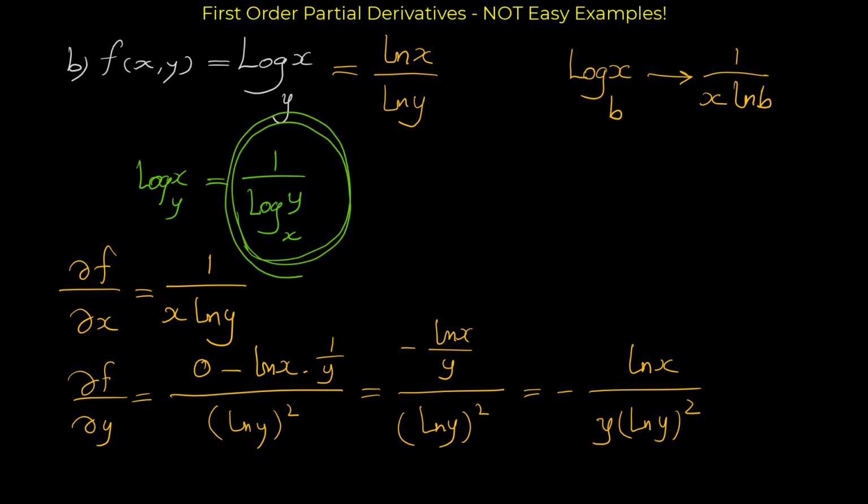Because y is now in the front of log, not in the base of log, you can use the formula that we know for the logarithmic function. But maybe you will find this method easier.